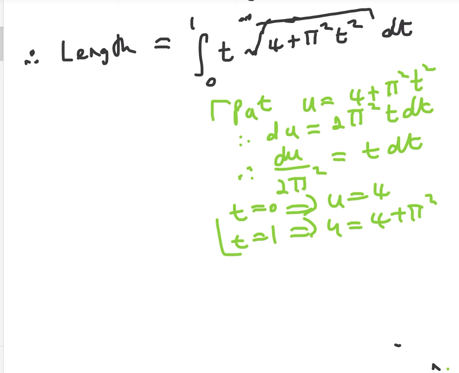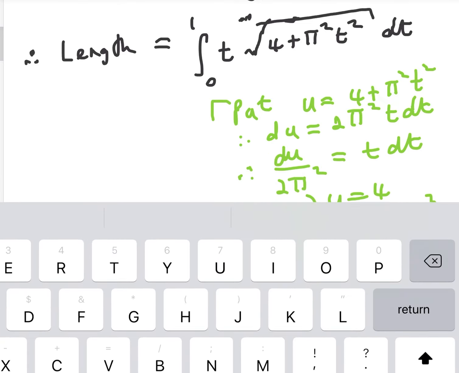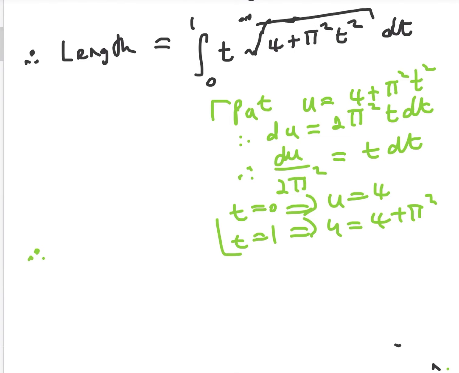Put all of this into the length, so therefore the length will now be equal to an integral from, instead of 0 to 1, it's going to be from 4 to 4 plus pi squared. The t dt is going to be du over 2 pi squared, and the thing under the square root is going to be very simply u.